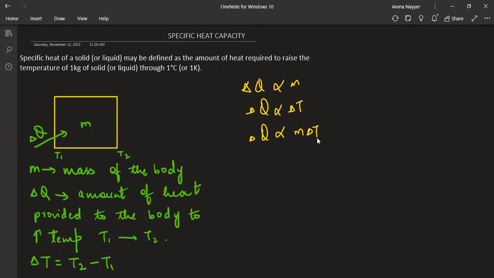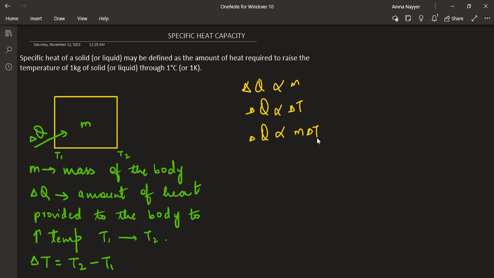So here when I remove the proportionality sign, I'll put in a constant, and that constant is known as specific heat capacity. The way we had alpha, alpha was the coefficient of linear expansion, beta was the coefficient of superficial expansion, gamma was the coefficient of cubical expansion.